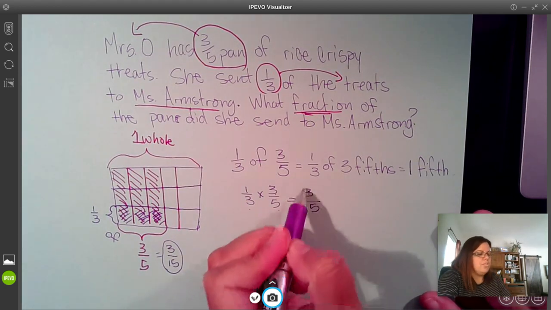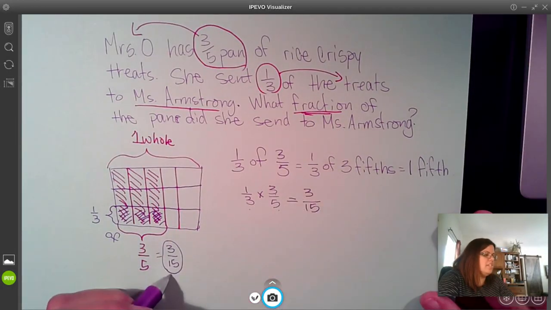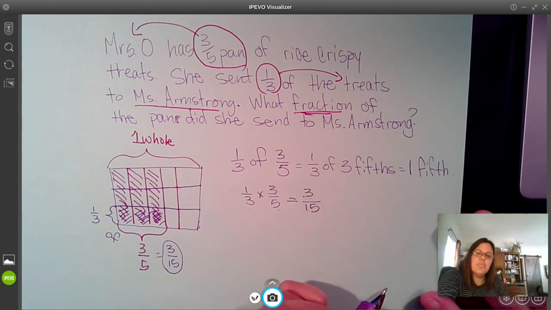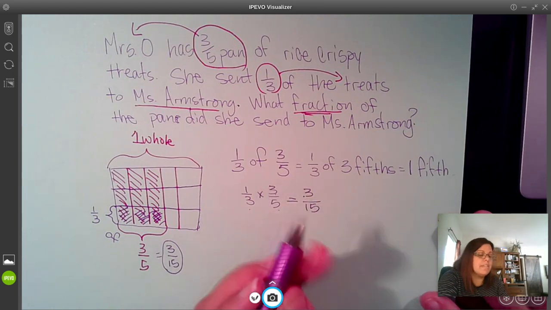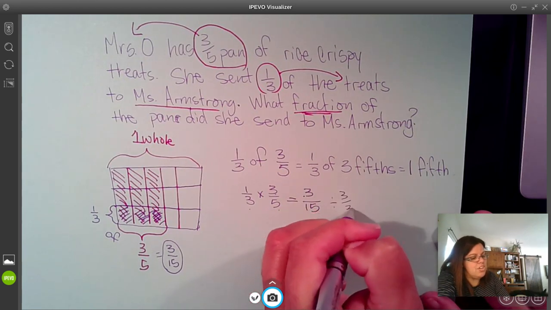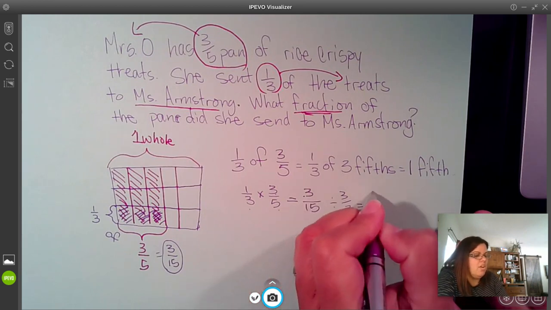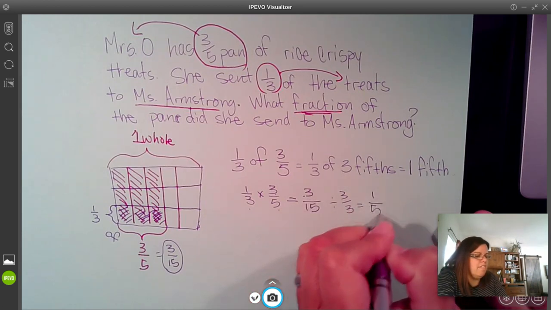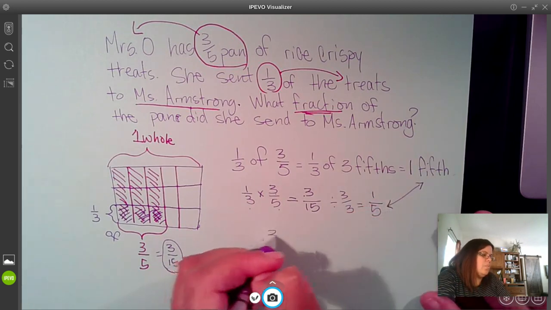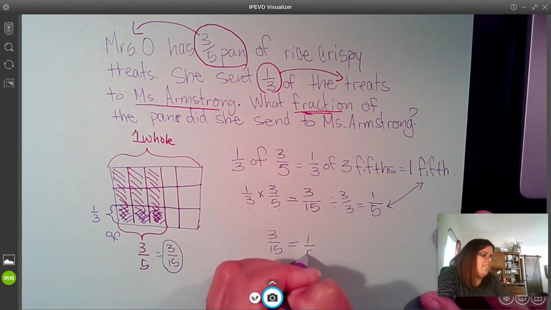If you guys remember, when we have a fraction like 3/15, we can count by 3s for the numerator, and we can count by 3s to make the denominator. So if we divide this by 3/3 to get a simplified fraction, we end up with 1/5. So 3/15 we know is an equivalent fraction to 1/5.